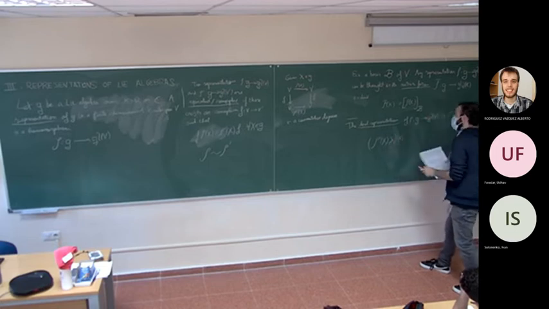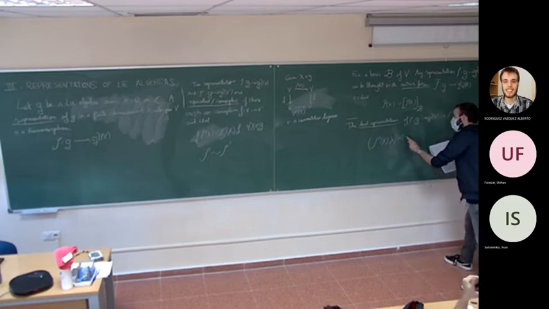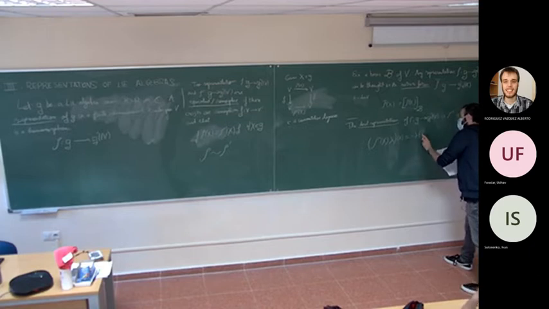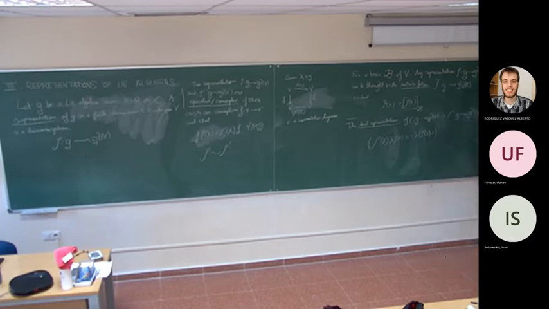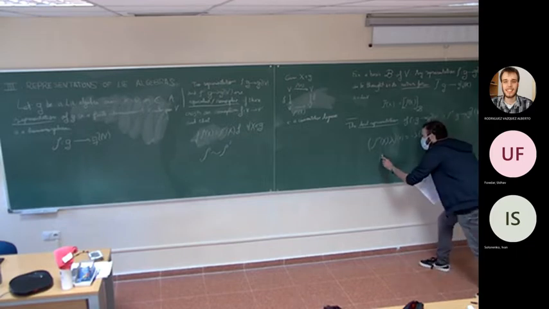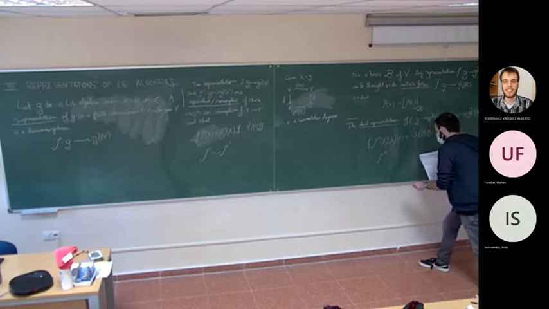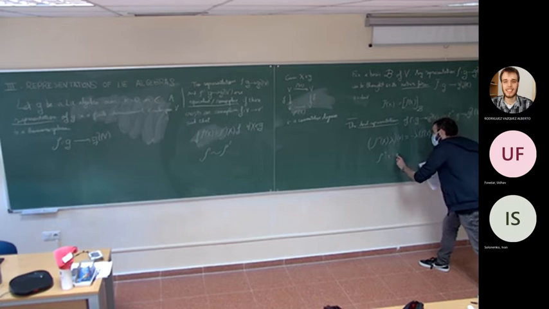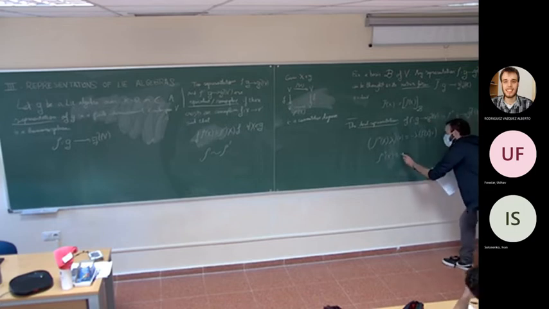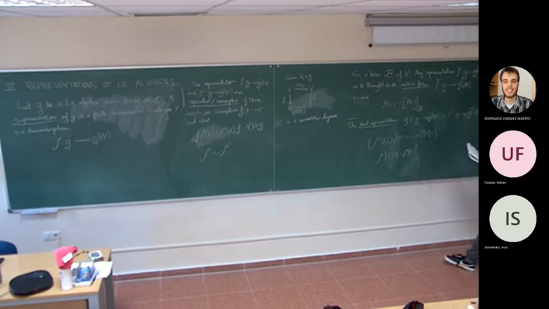And we define the action on vectors to be minus lambda of rho of X applied to v. Okay? We can also say, in other words, that the dual representation is simply the negative transpose of the original representation.